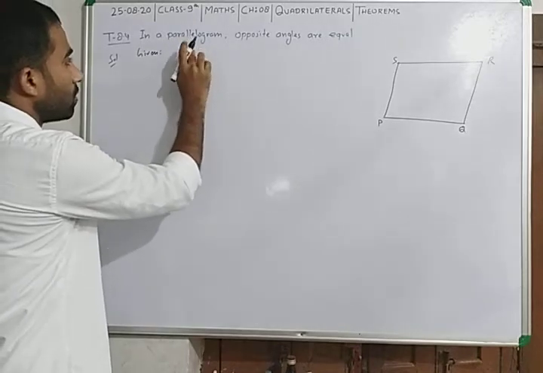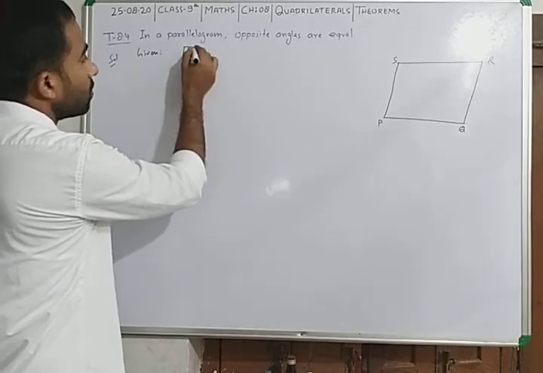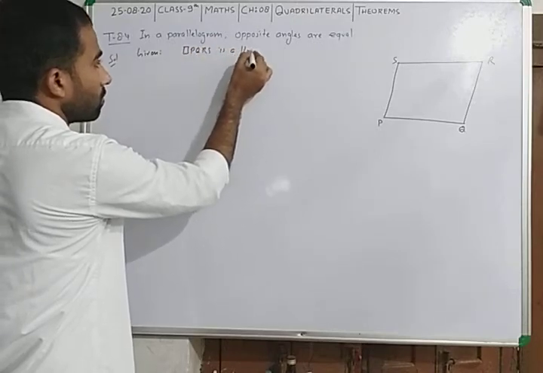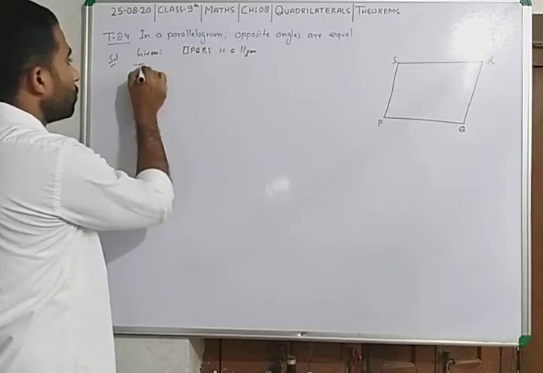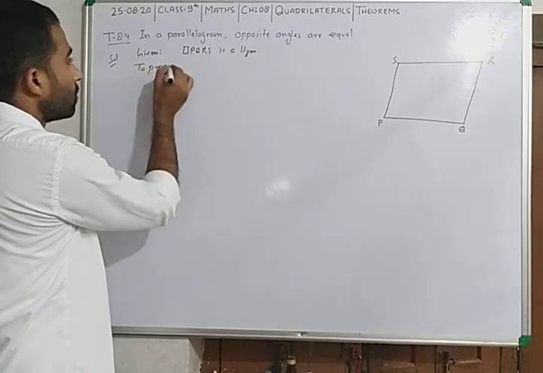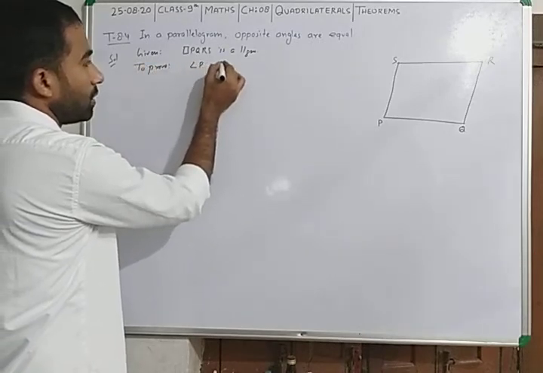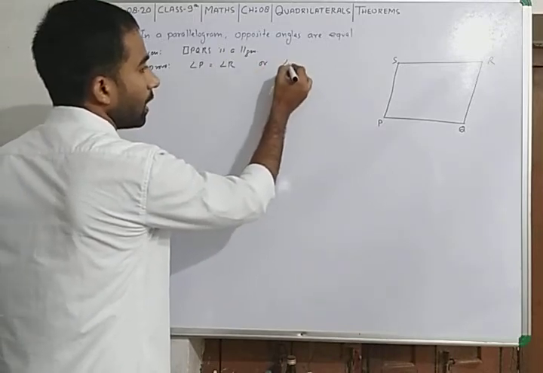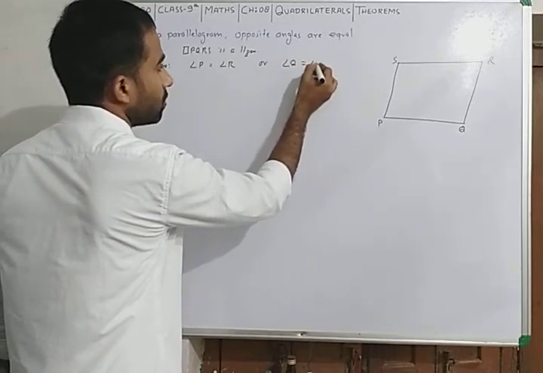Quadrilateral PQRS is a parallelogram. To prove: angle P is equal to angle R, or angle Q is equal to angle S.